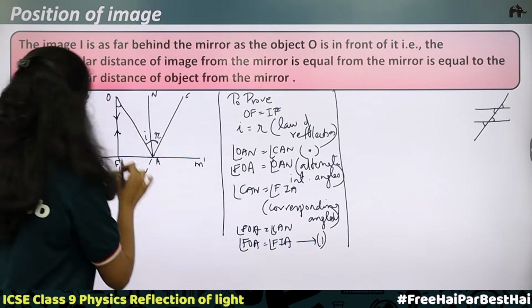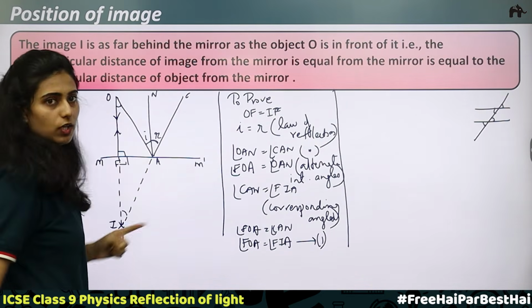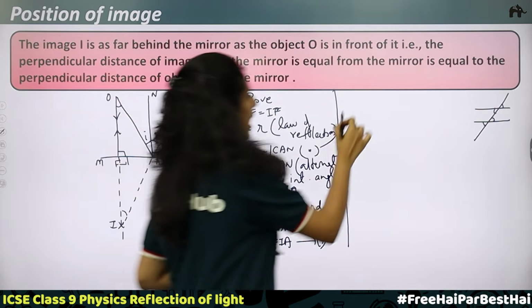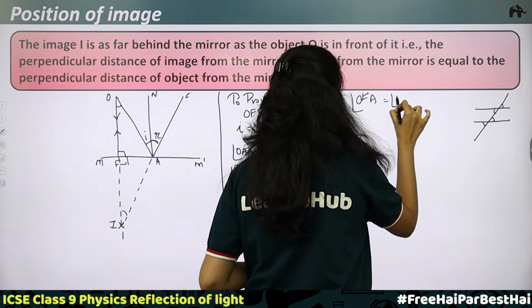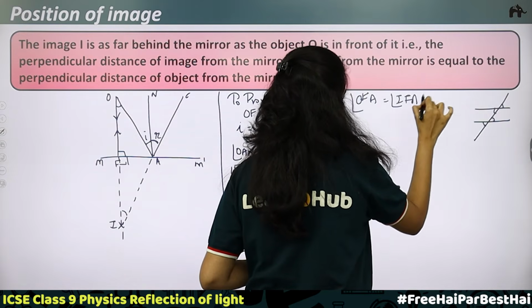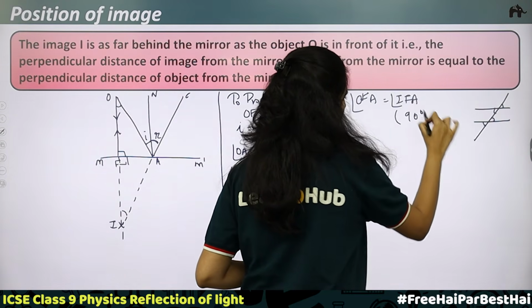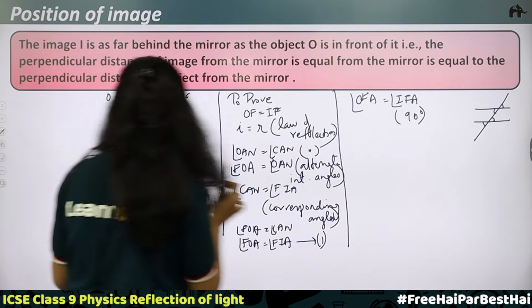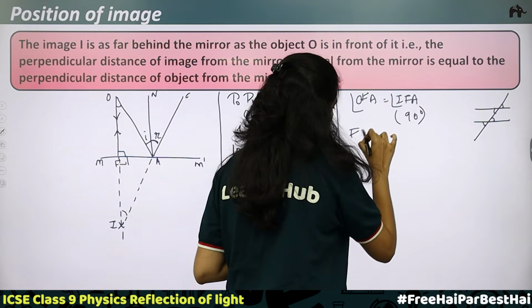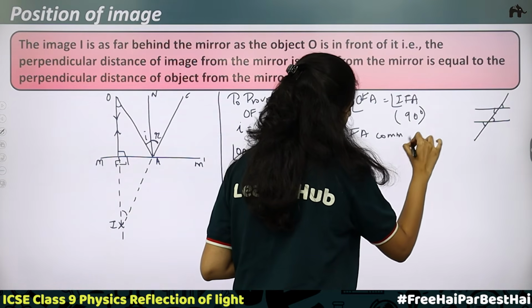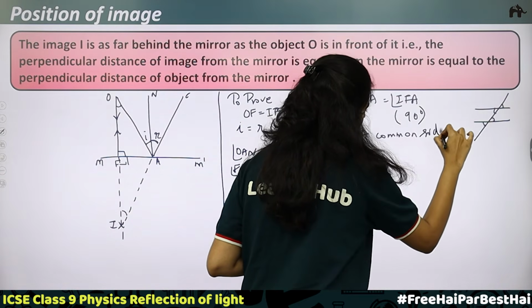Next, you can see this angle and this angle are equal. Both of them are 90 degrees. Angle OFA is equal to angle IFA. They are 90 degrees. And you can see that FA is a common side. So what can you conclude from this?